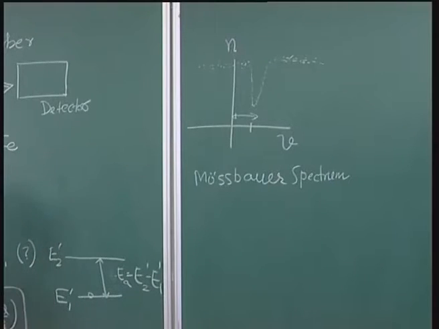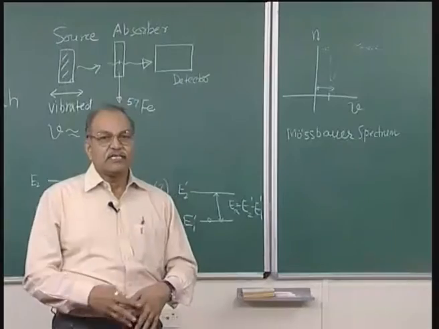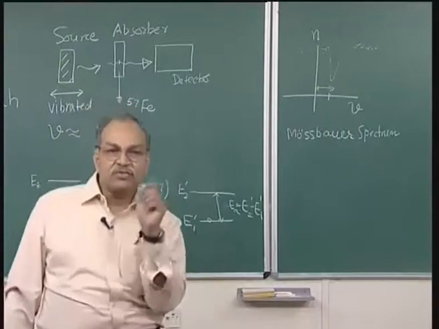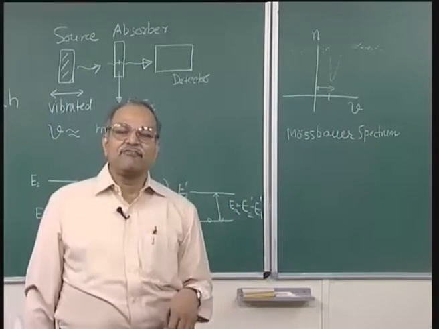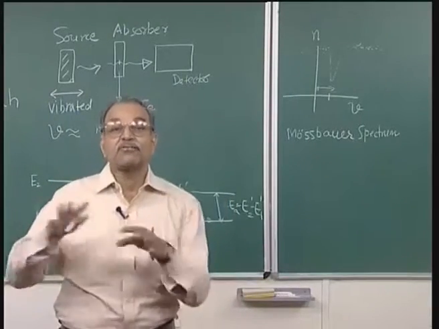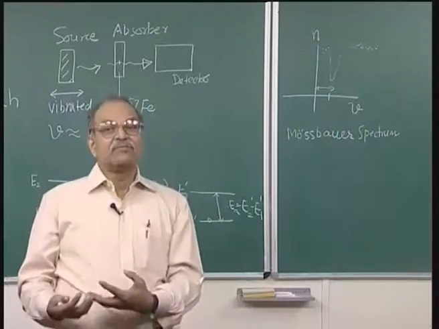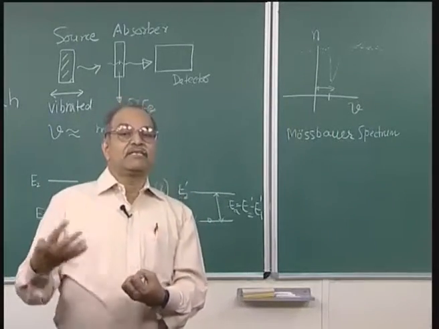The shift is because of the interaction of electrons with the nucleus. So, if I know this velocity where the dip comes, I know the shift, and from there I infer information about the electron density inside this nucleus, and especially s electrons, because they overlap with the nucleus maximum.